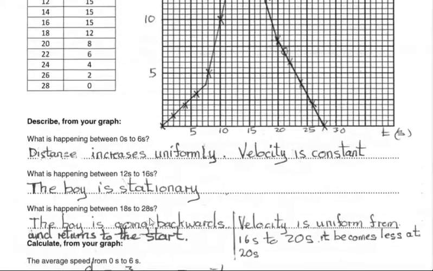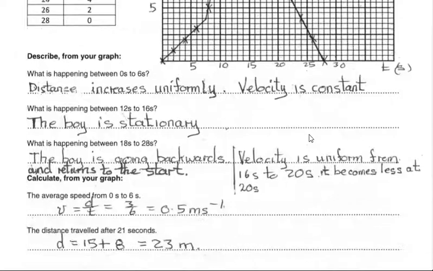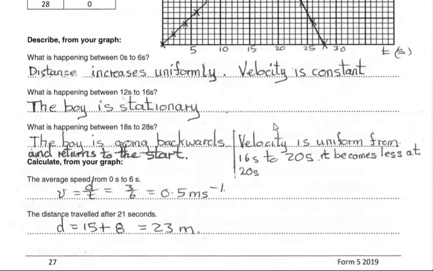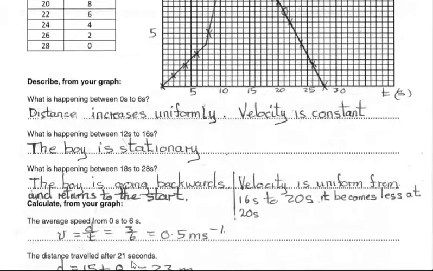Well, after 21 seconds, okay, 21 to 28, that's 7 seconds, isn't it? 21 to 28 is 7 seconds. And the height of this triangle is here. This is at 21, read across.